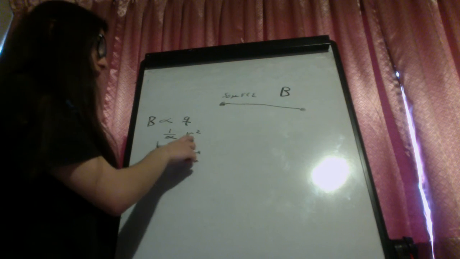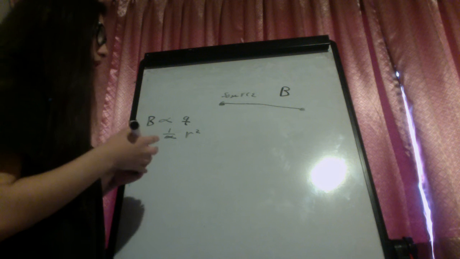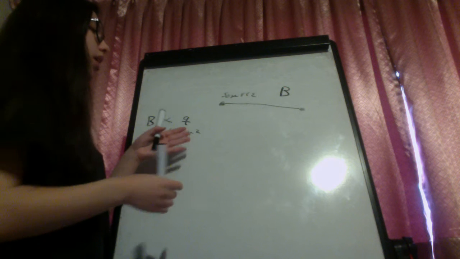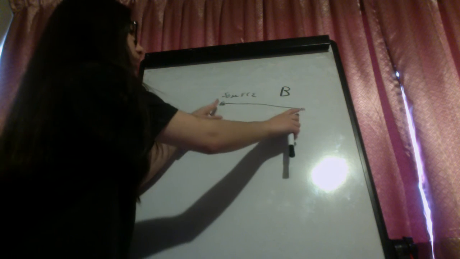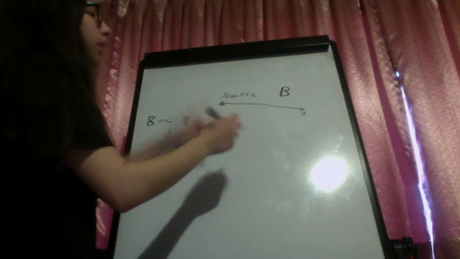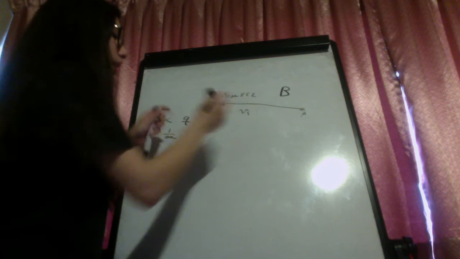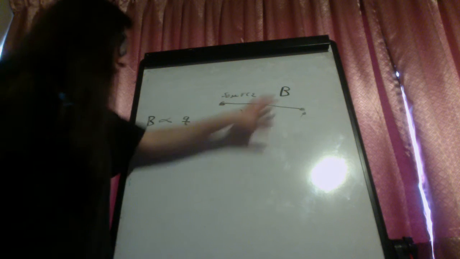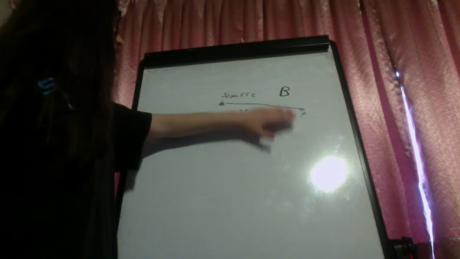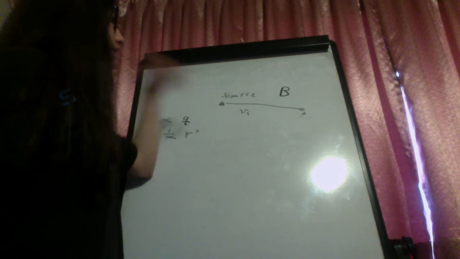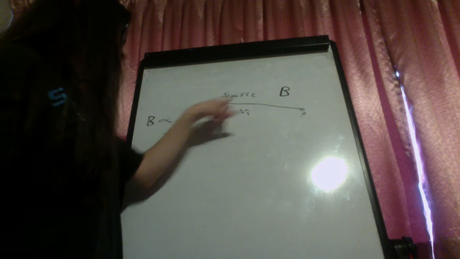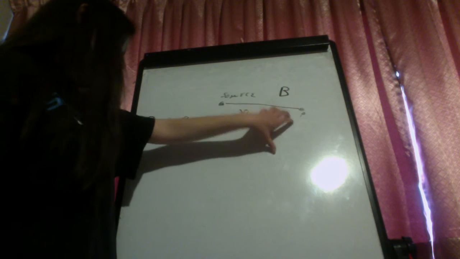The distance that I'm calling R is the distance that is perpendicular to the plane in which the line between the source and the point P, and the velocity of the particles, lie. So here we have a plane, in which this line between the source and this point lies.